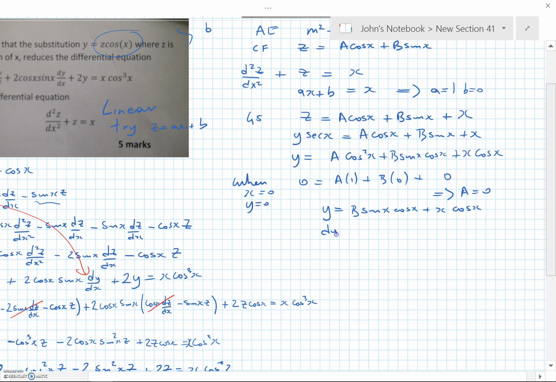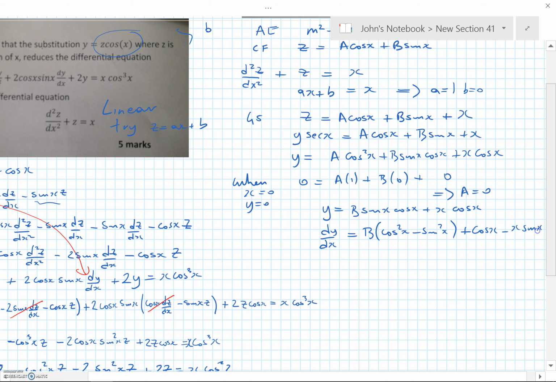We get dy by dx is equal to cos squared x minus sine squared x. That's basically sine 2x differentiated to cos 2x, which is what I've just written, cos squared minus sine squared. Then product rule on this, that's plus cos x, because x differentiated is 1, minus x sine x.